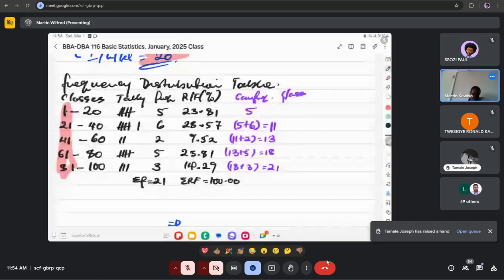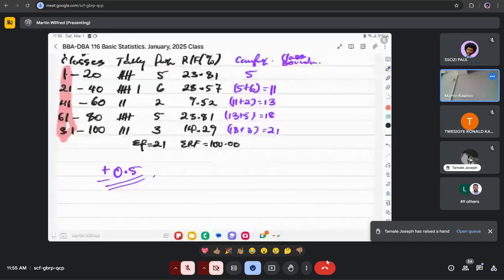Let's come up with what we call the class boundaries. When we are coming up with class boundaries, we are guided by the principle plus minus 0.5. We said that the first column gives us two limit values, isn't it?